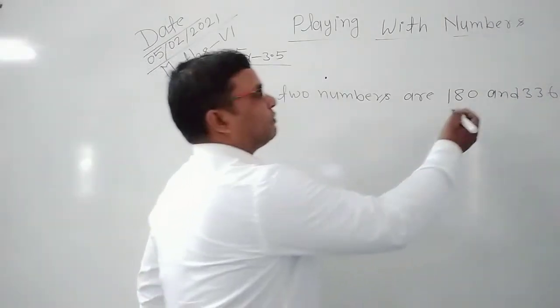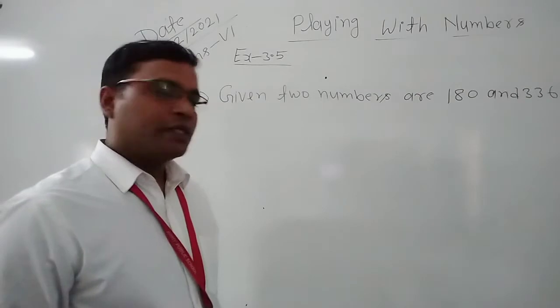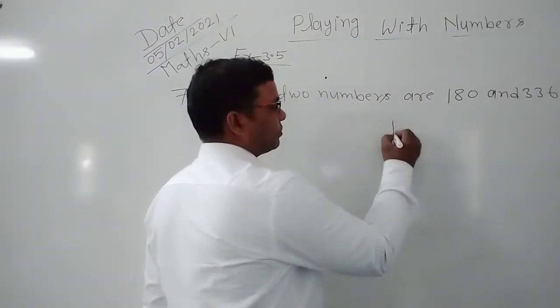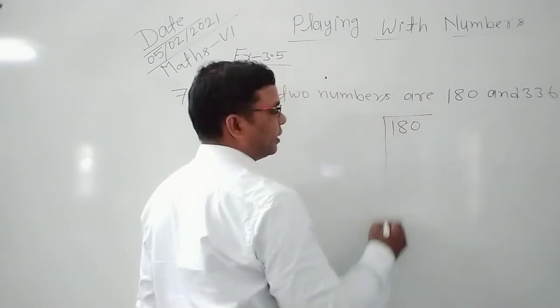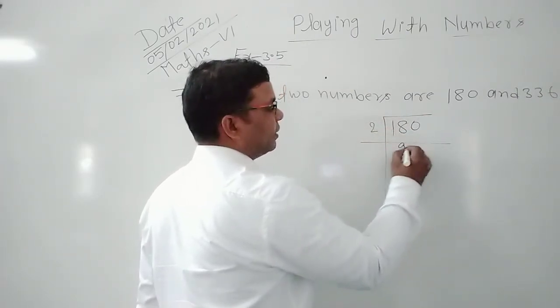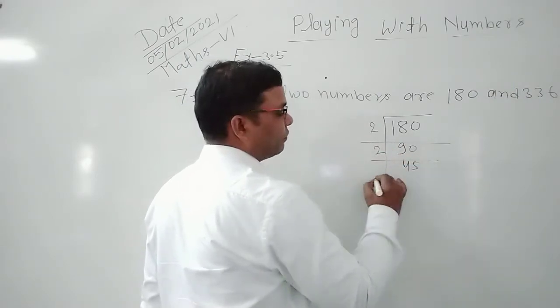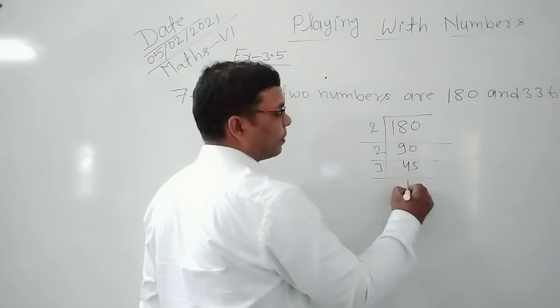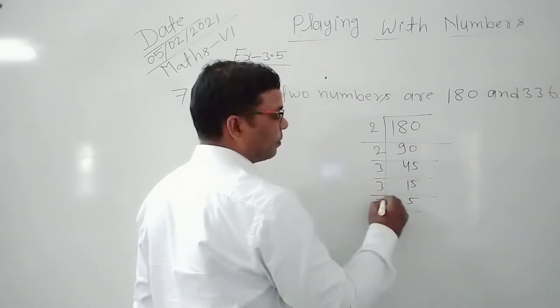So first we find the prime factors. After this we can find the HCF by the prime factorization method. So 180 is equal to: we can break it like this. 2, it will become 90. Again 2, it will become 45. 3, 15. Again 3, 5 and 5.